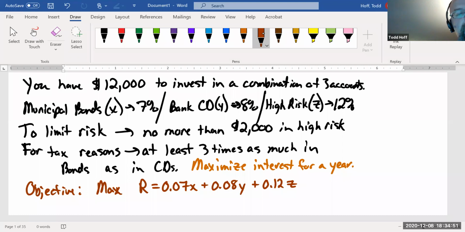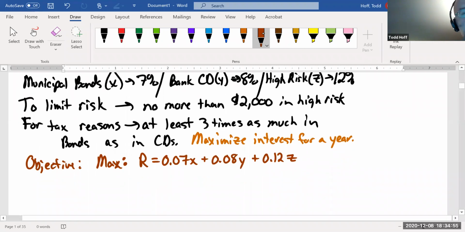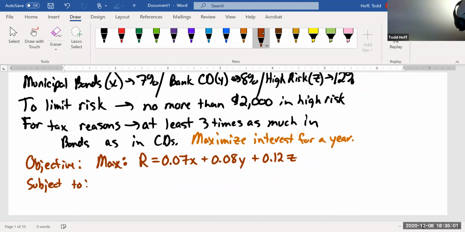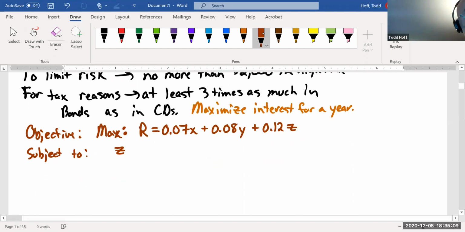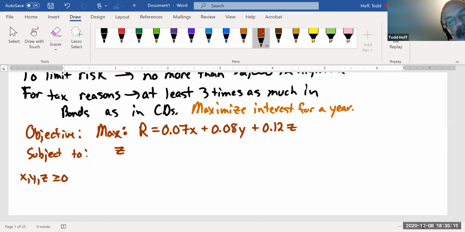We want to maximize that objective function. Our constraints: well, it's implied, by the way, that X, Y, and Z are greater than or equal to 0. So we don't need to state those. We can't put a negative amount in any account.